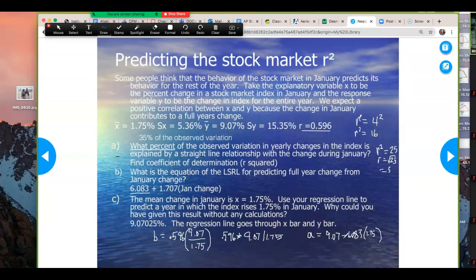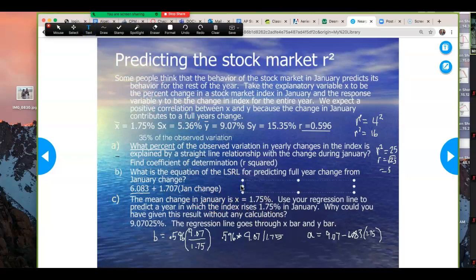Then make a prediction. If x bar is 1.75, oh no, not x bar. If x is 1.75, just plug 1.75 into the regression equation. So we've got the regression equation, plug 1.75 into the equation.